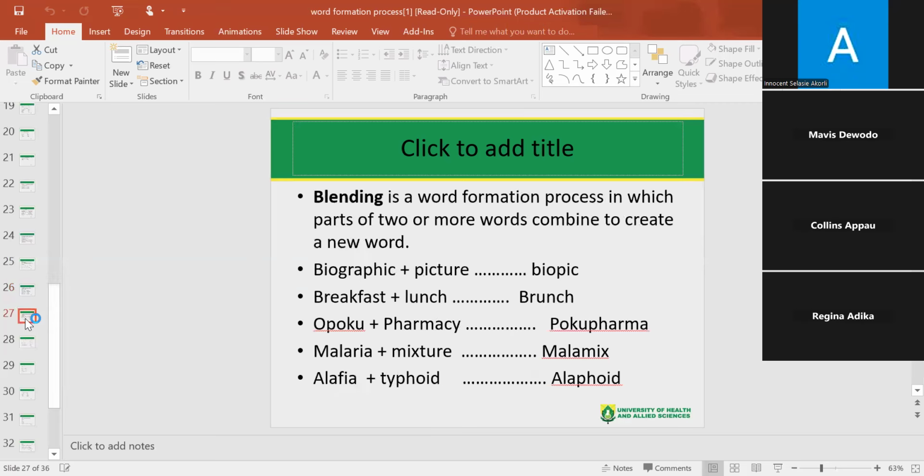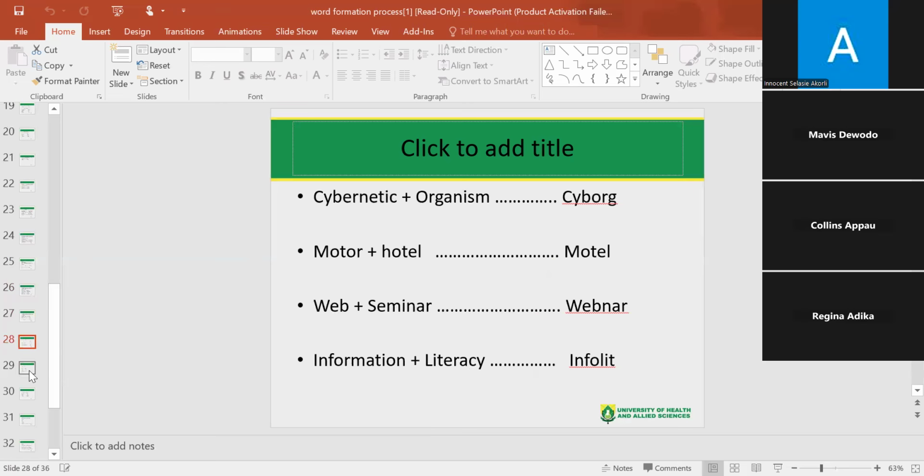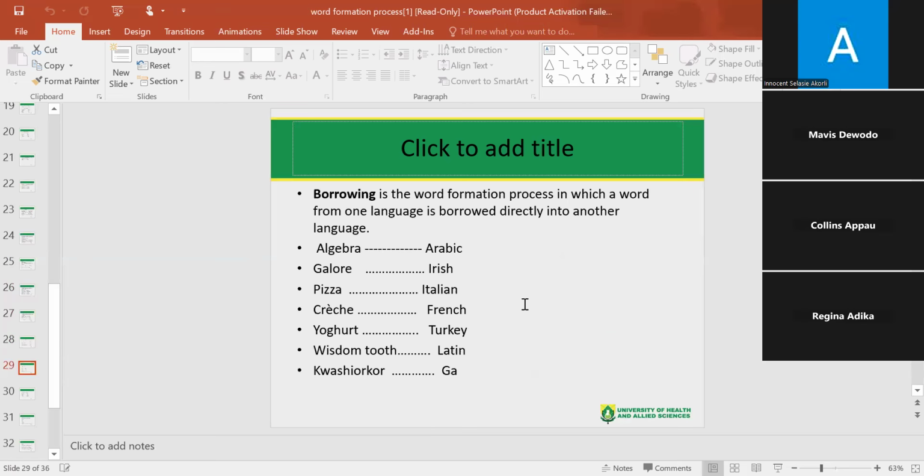We look at blending already. Look at borrowing. Every language borrows. One process that we're discussing right now is borrowing. You will see in every language, even in Ghana, you see some items or names of items from another language finding their way into your language.